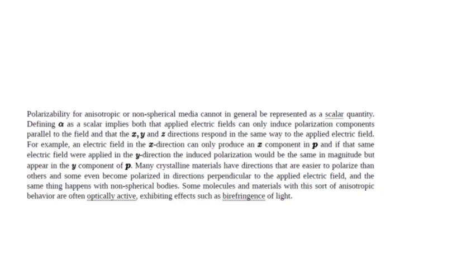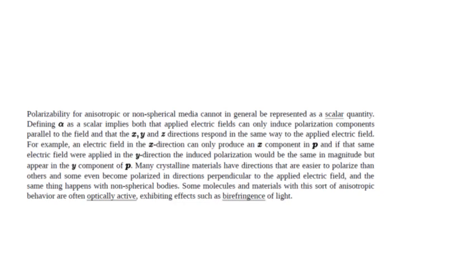If we define alpha as a scalar, it implies the electric field can only induce polarization components in the x, y, z directions in the same way. For example, an electric field in the x direction can only produce an x component of polarization.